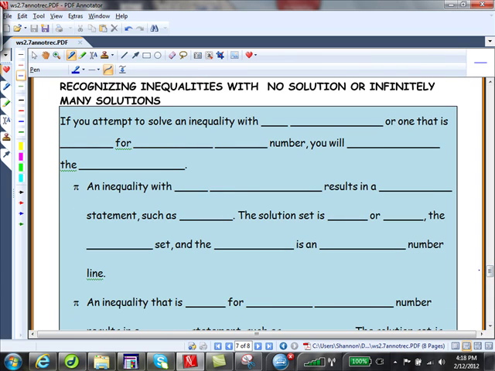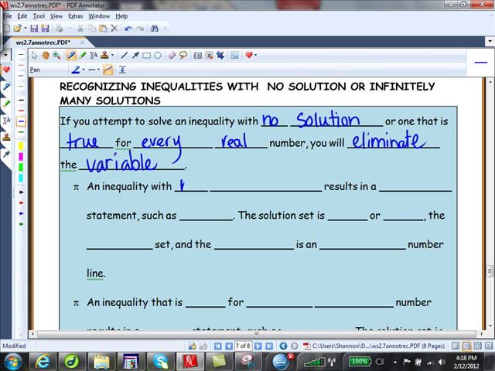Alright, so recognizing inequalities with no solution or infinitely many solutions. If you attempt to solve an inequality with no solution, or one that is true for every real number, you will eliminate the variable.